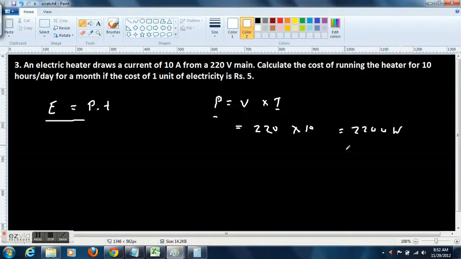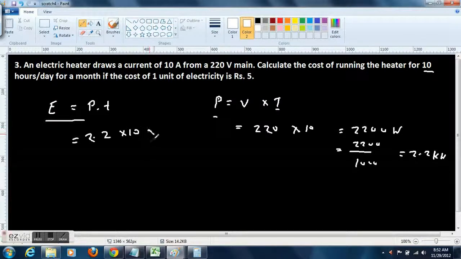Now voltage is 220 volt and current is 10 ampere, so it comes to 2200 watt, which is 2.2 kilowatt by dividing by 1000.